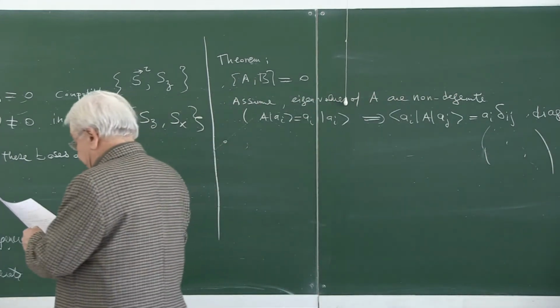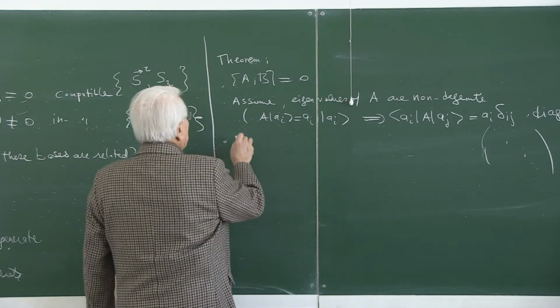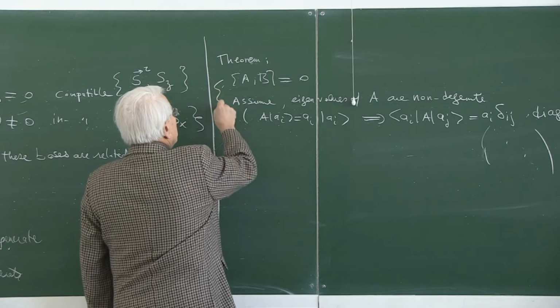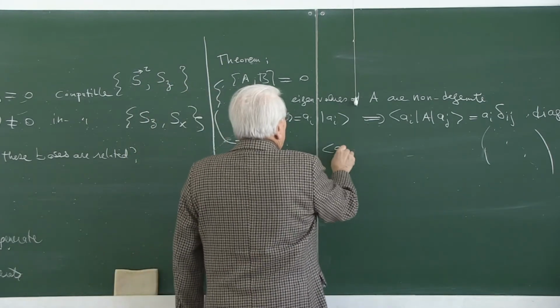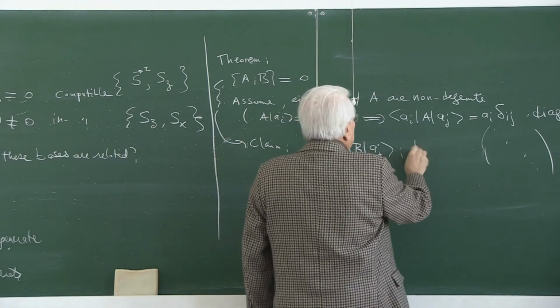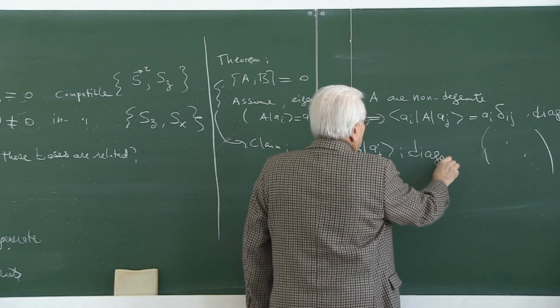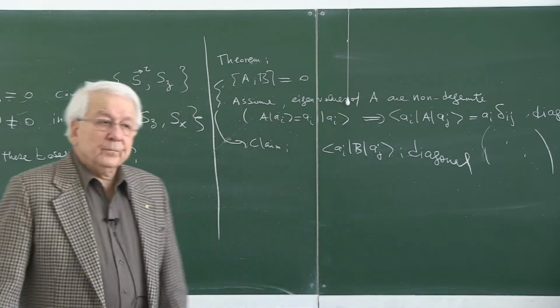Now the claim is, if so, <a_i|B|a_j> is also diagonal. So that's the theorem.